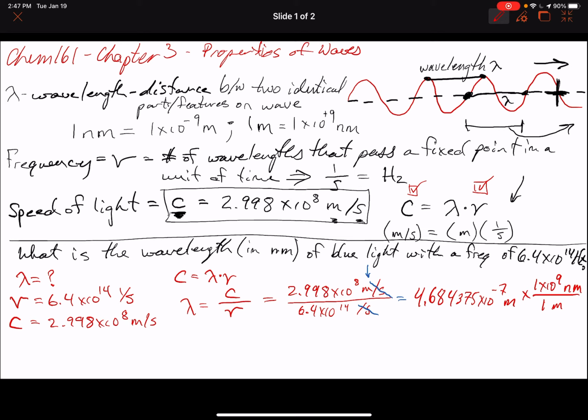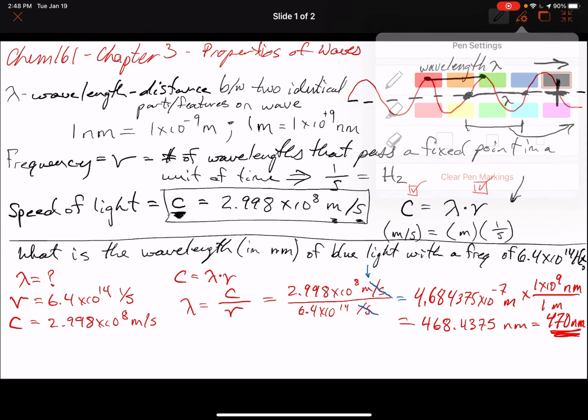There are 1 billion nanometers in a meter, and this will give us 468.4375 nanometers. And respecting sig figs, looks like we were given 2 sig figs here, so our answer should be written out as 2 sig figs. So the answer will be 470 nanometers for that answer.